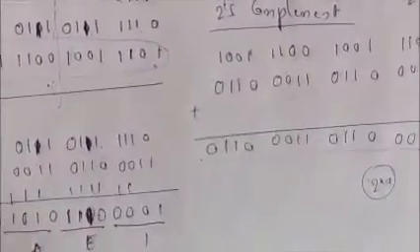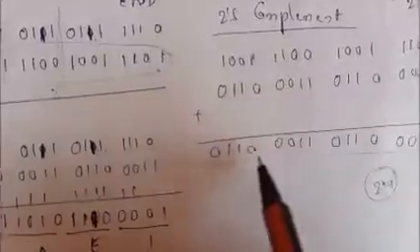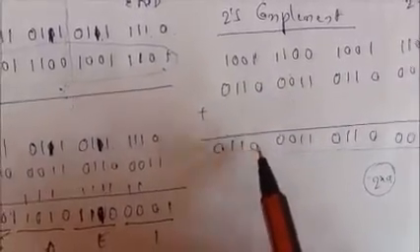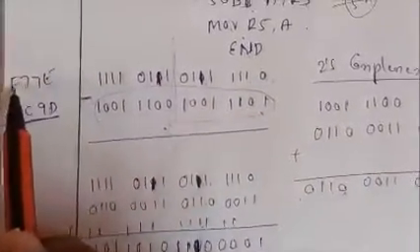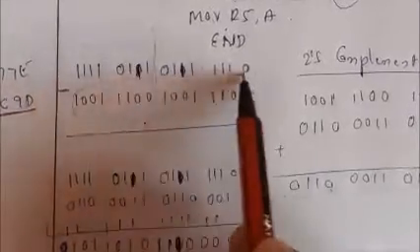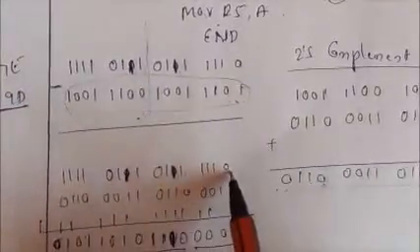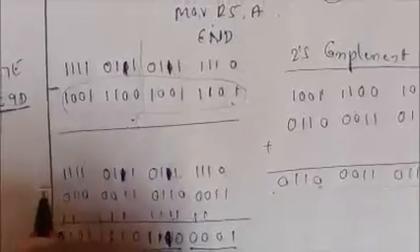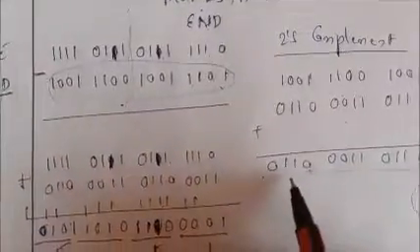Is it clear? After getting the 2's complement, this second number you need to add with the first number. So how to add? In complete binary format, I have written the same thing here. Next I am performing the addition for the 2's complemented number.